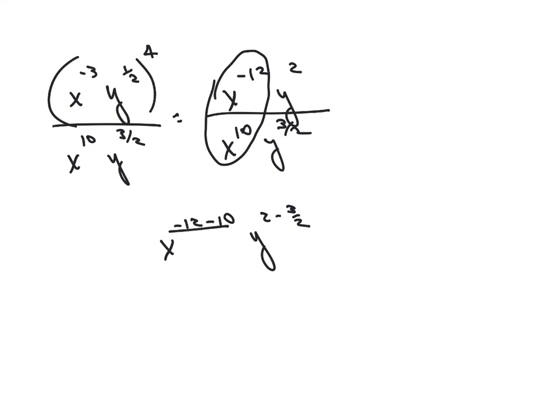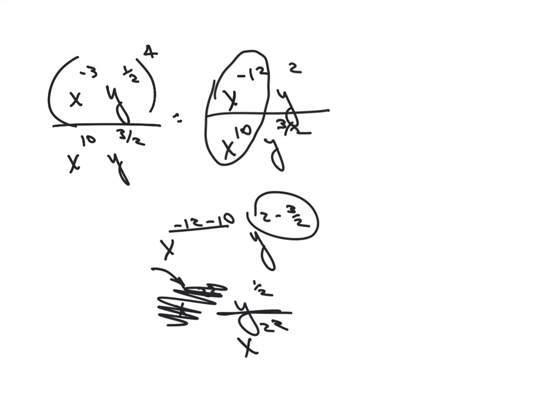So this is going to be, and this has 2 minus 1/2, which is going to be 3/2. Okay, and this negative sign means it's in the wrong place. So I'm going to take that x to the 22 and move it down here, and then it goes away there. And that ends up being my answer. Okay, so there we go. That is 6.1.